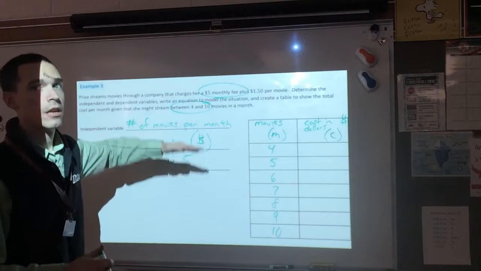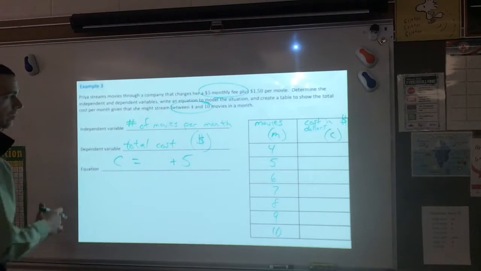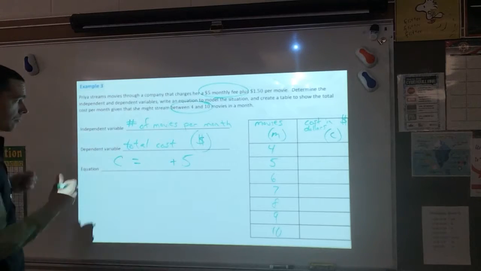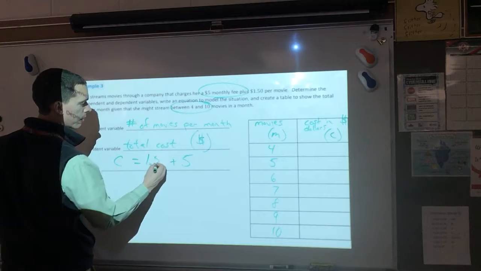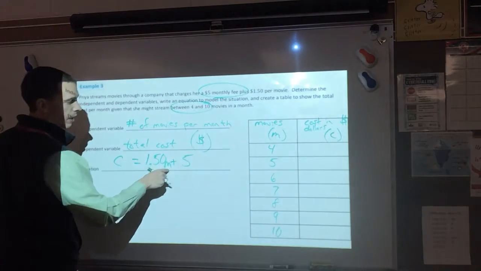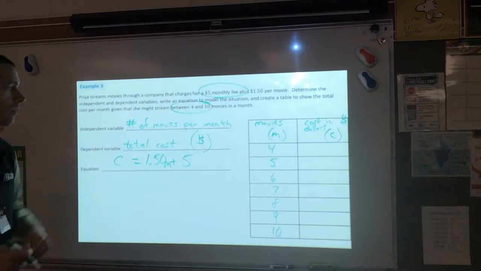How does that affect the change or the elevation depending on the y-axis? So again, we're going to put all that together very soon. So we have $1.50 per movie, M, plus $5. So let's determine that for 4 through 10.